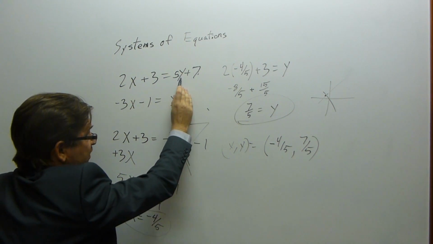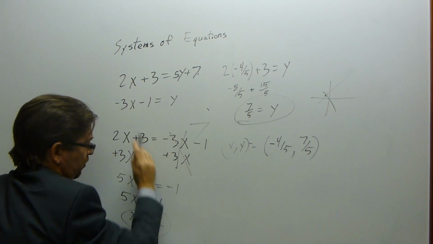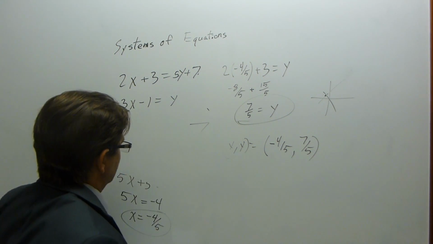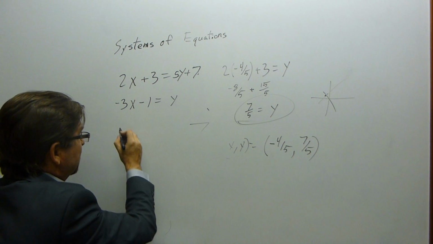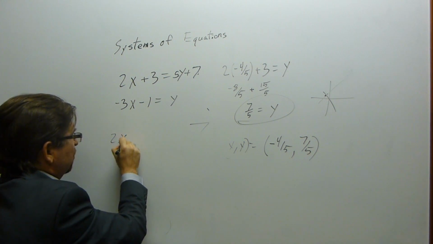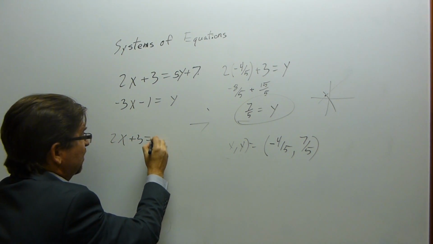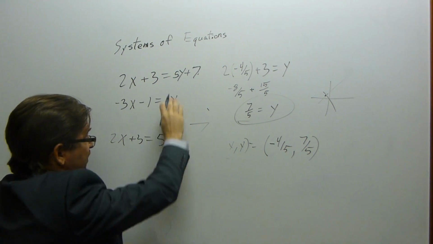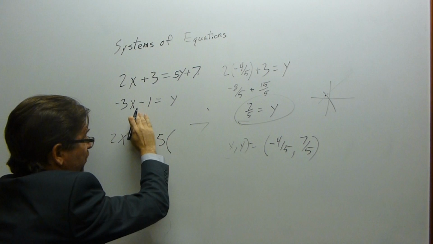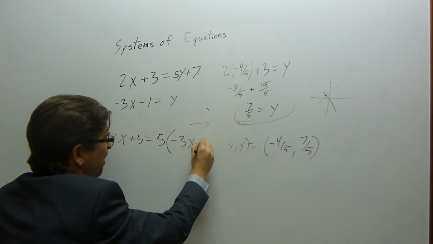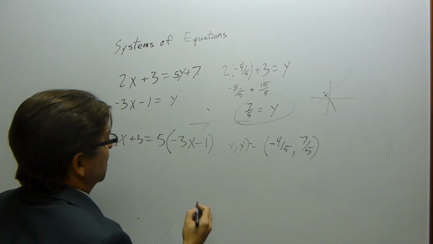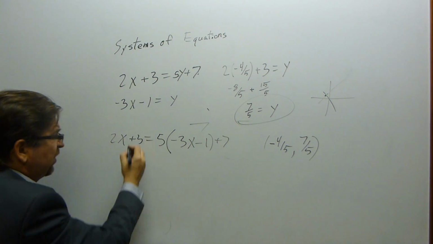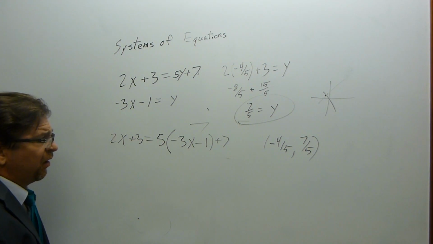I would have replaced that y with this expression. It would have looked something like this. So I could have put 2x plus 3 equals 5 times, and instead of y, I put what y equals, which is minus 3x minus 1, plus 7. And then simplify and solve from there.